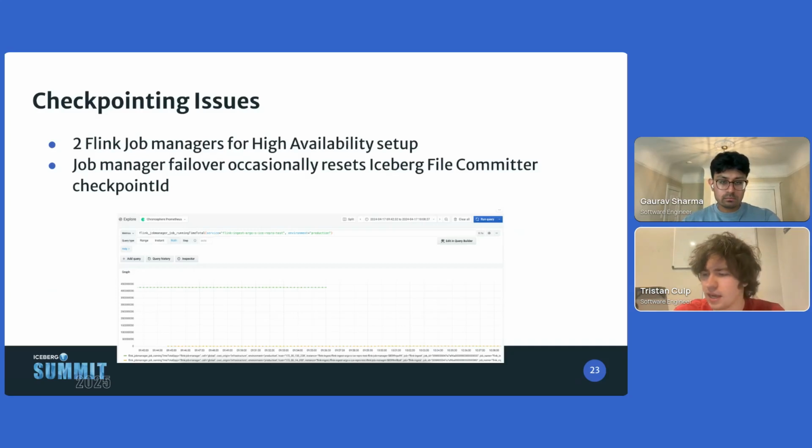So for us, since this was such a rare issue, the easiest solution was to just have one Flink job manager. And this actually did resolve it. But possibly in the future, if we need to have more job managers again, we can look into how to actually address this issue.